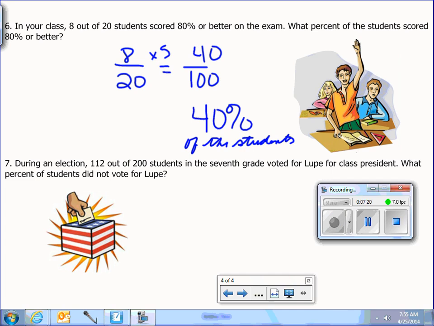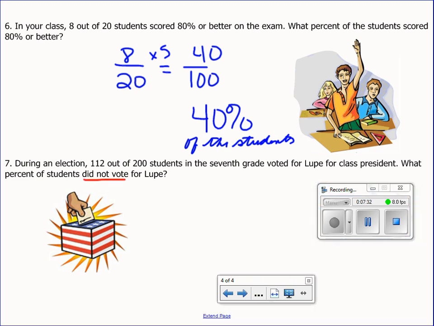During an election, 112 out of 200 students in the 7th grade class voted for Lupe for class president. What percent of students did not vote for Lupe? So the first thing we can do is set it up. 112 out of 200 voted for him.